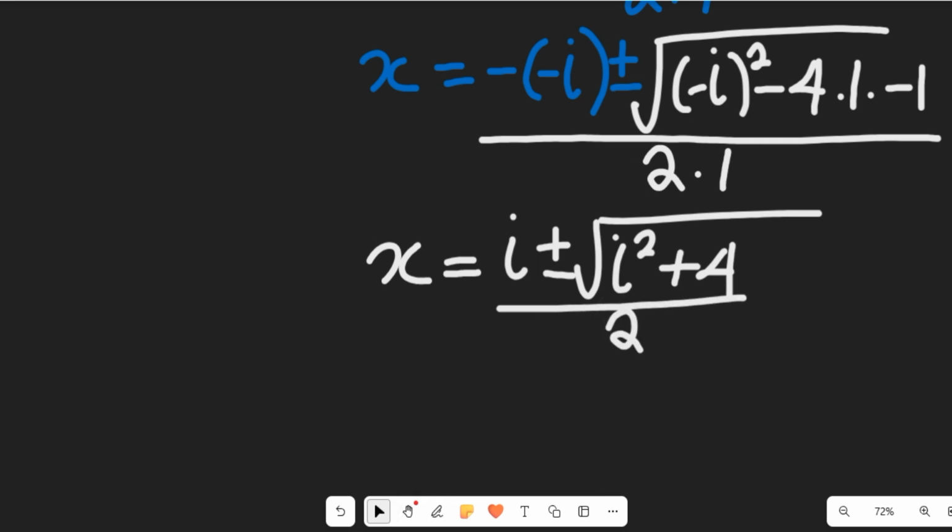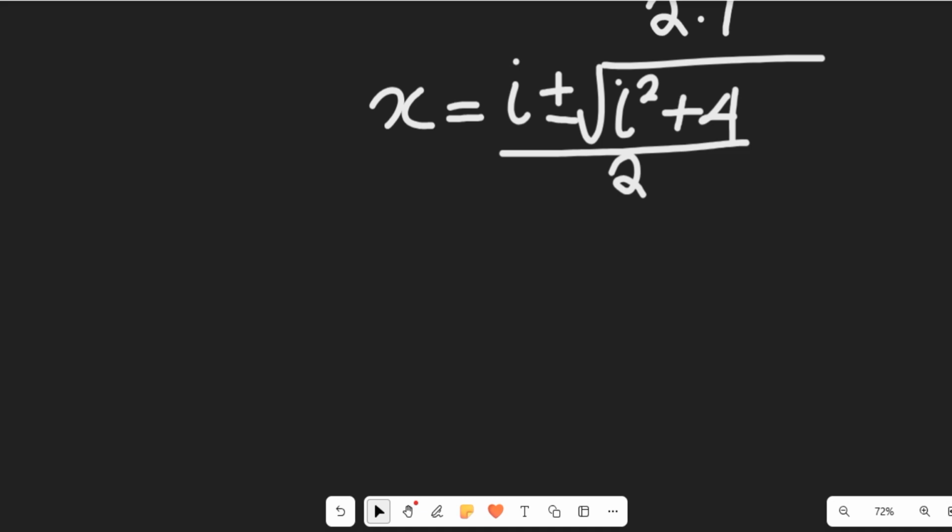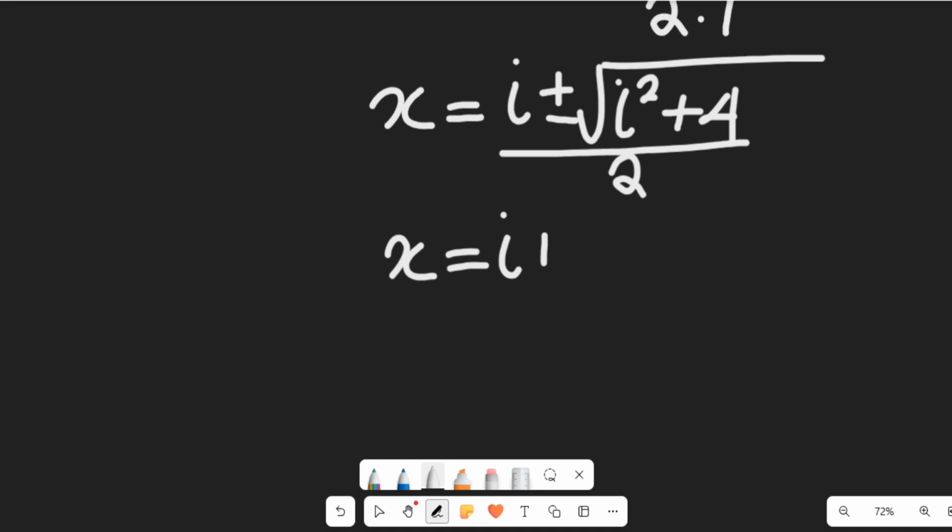So at this point now, you will see that the answer has come out. Here, we see that our x is equal to i plus or minus the square root of i square, remember it is minus 1.